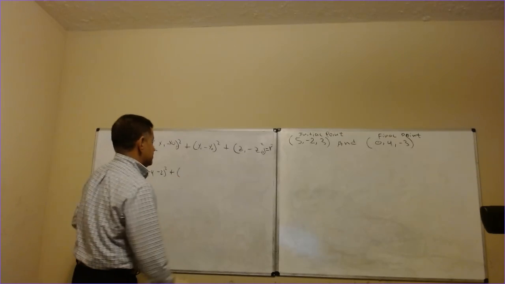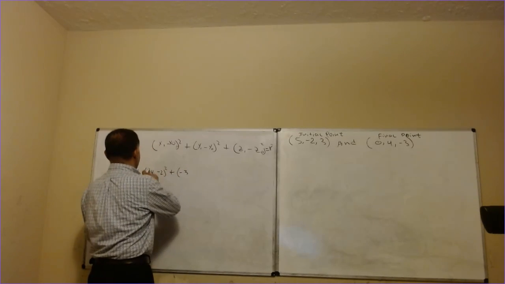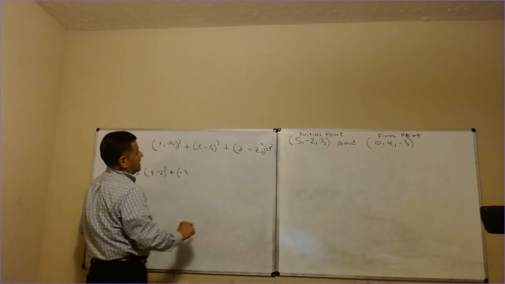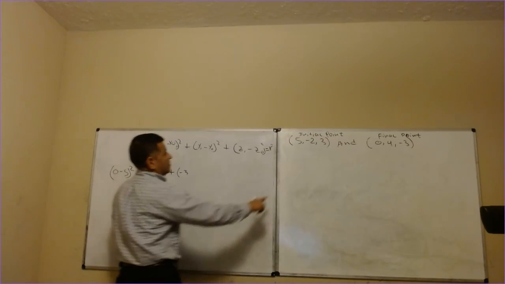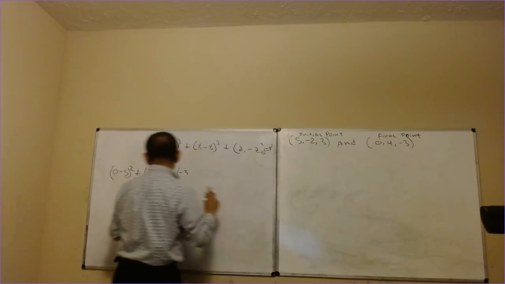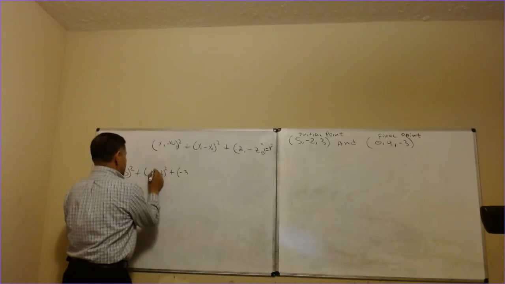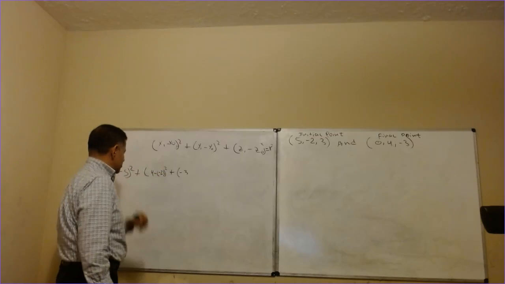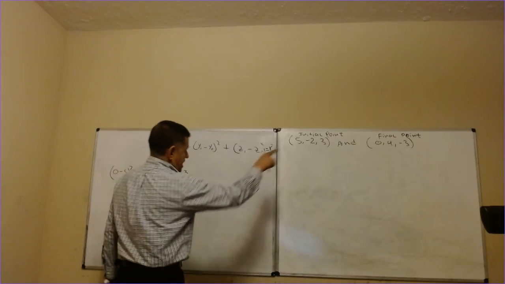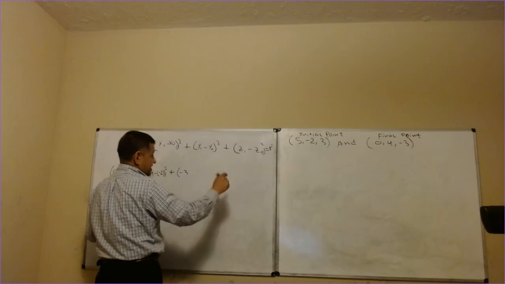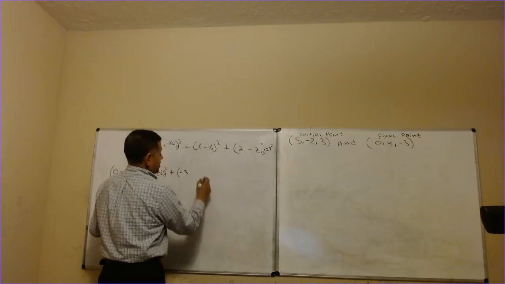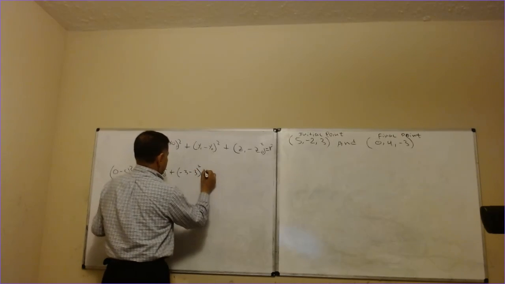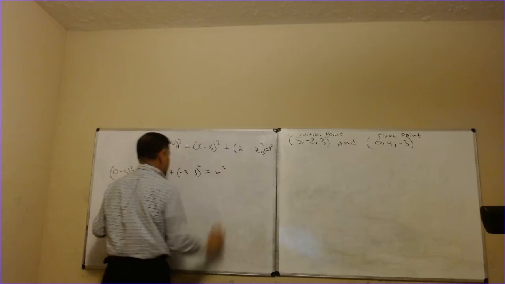Then I get 6, and this is also positive. And the 2 over here, remember, the 2 is negative, so I gotta be careful. Here I gotta put a minus, and I put another parenthesis and a minus inside the 2. In the last point, which is the z, I got negative 3 minus 3, squared, right? It's equal to r squared.